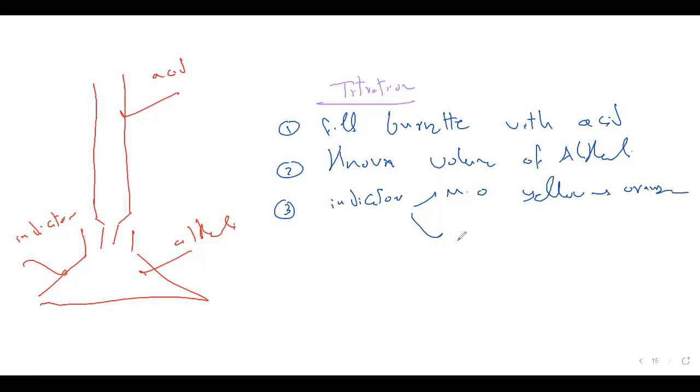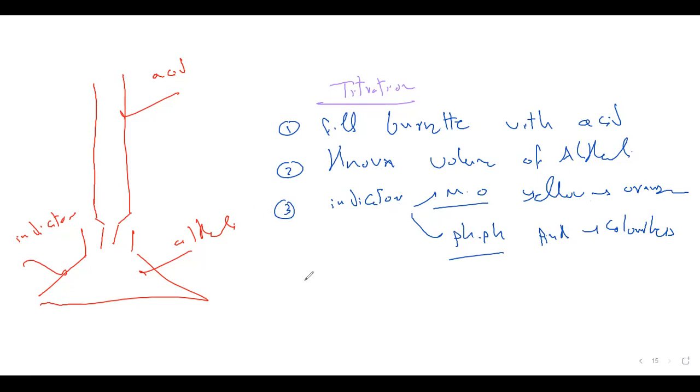If we are using phenolphthalein, the color will change from pink to colorless. So it depends on the indicator that you are using: methyl orange from yellow to orange, phenolphthalein from pink to colorless. So fill the burette with an acid, add a known volume of an alkali, then add a suitable indicator, methyl orange or phenolphthalein, and we must choose one.